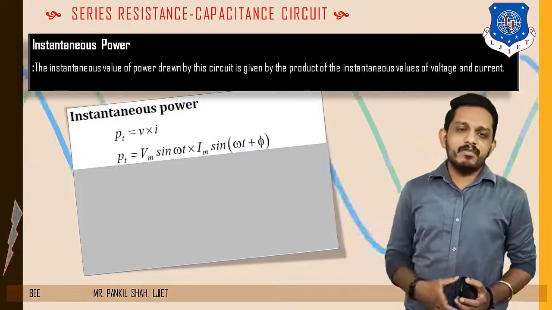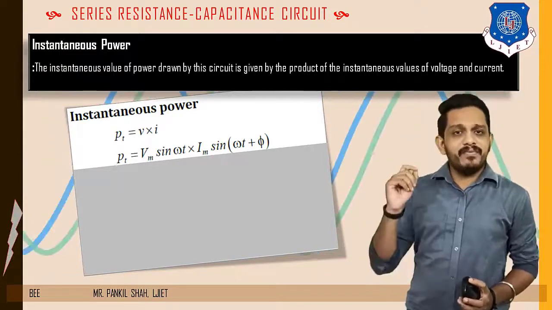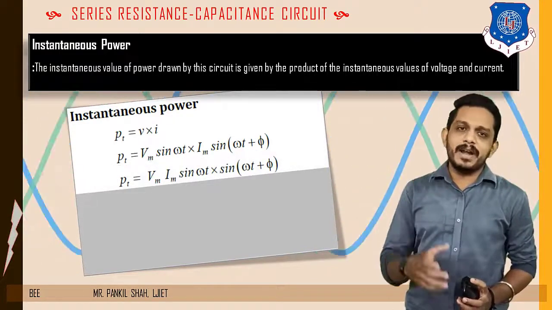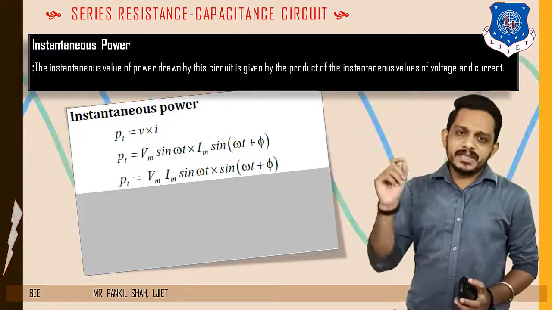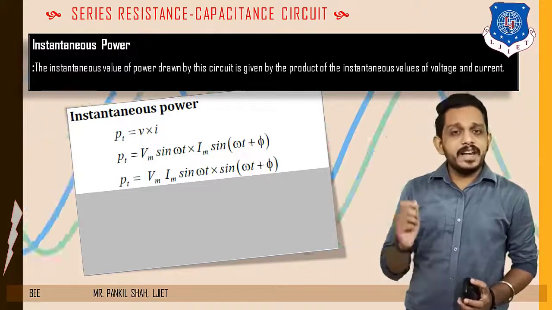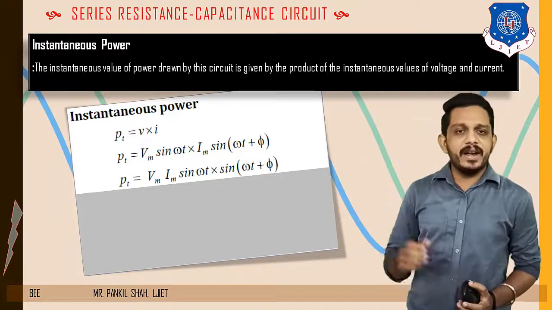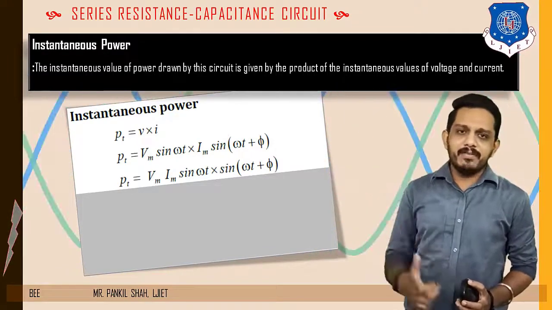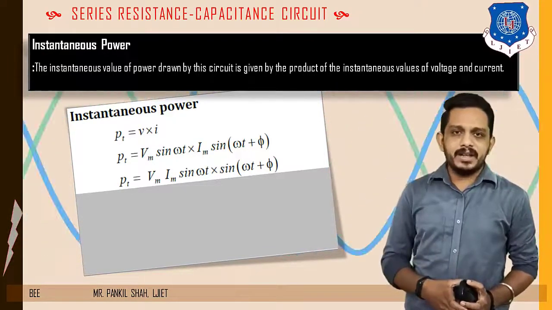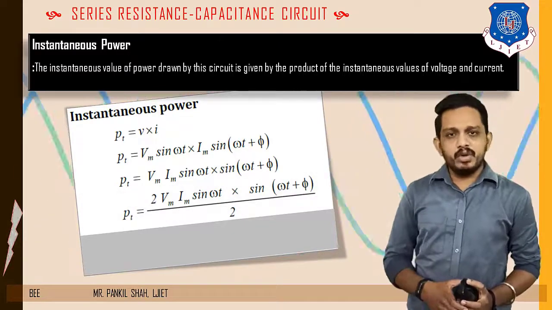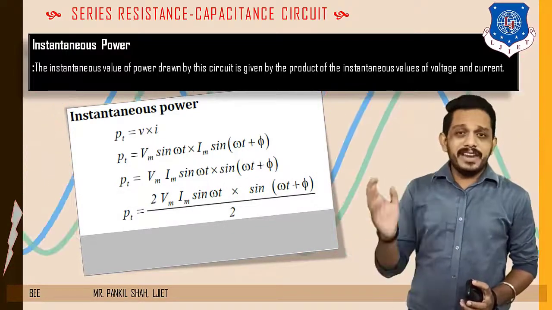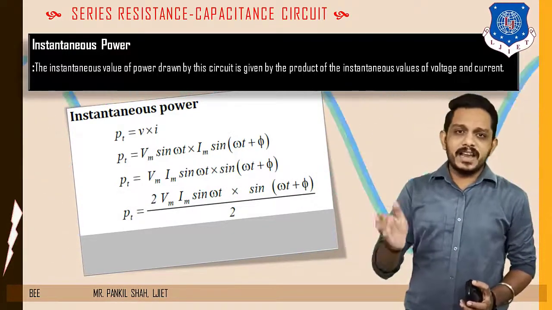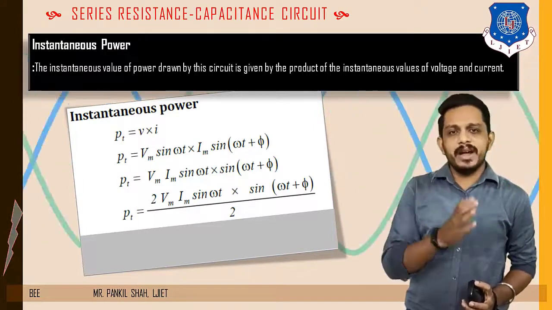So Vm Im will be taken out and we will multiply this equation by 2. So it will be 2 sin omega t into sin(omega t plus phi) divided by 2, and Vm Im will be taken outside this bracket. So finally we get the equation as Vm Im by 2, and in the bracket it will be 2 sin omega t into sin(omega t plus phi).